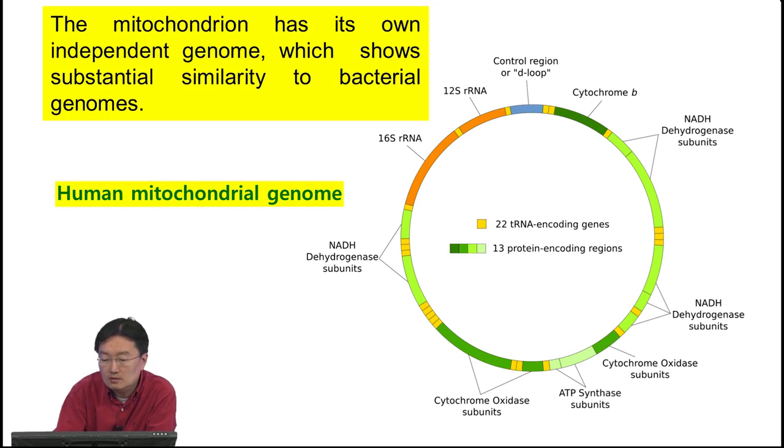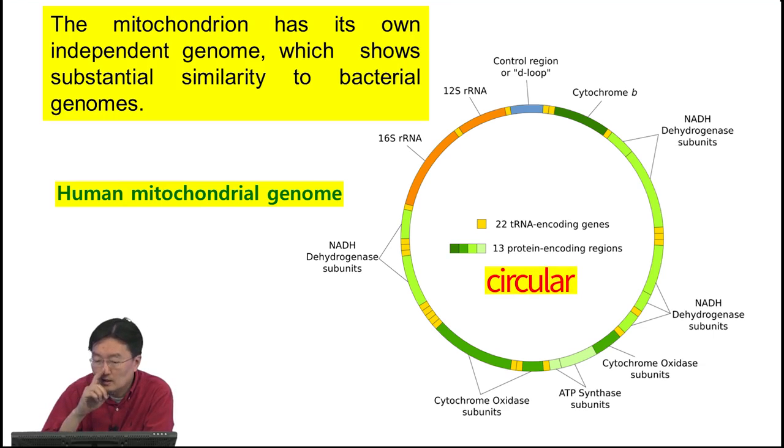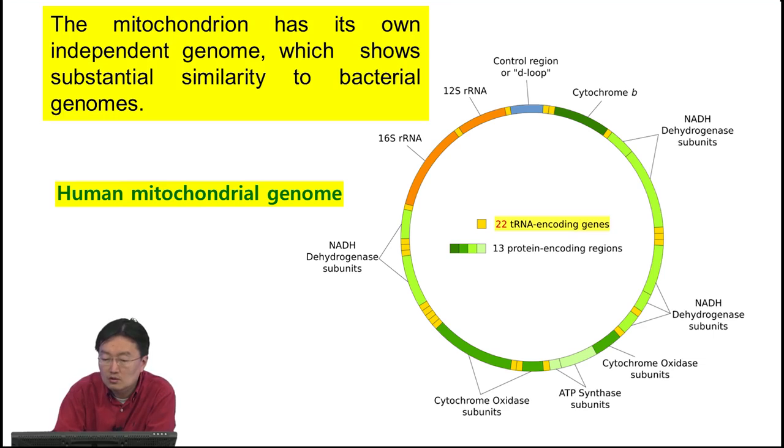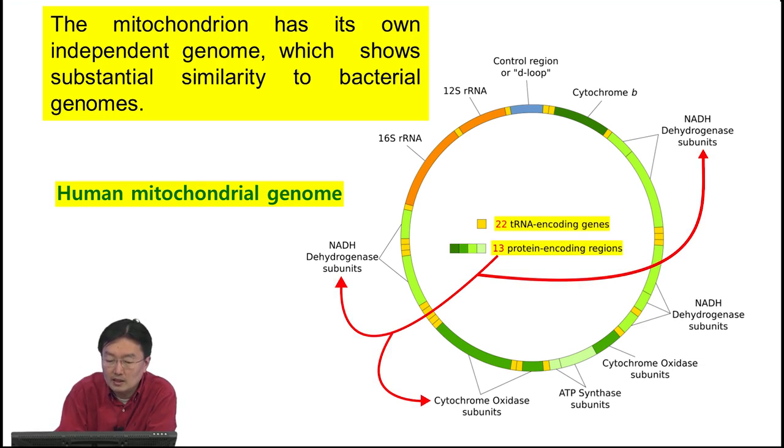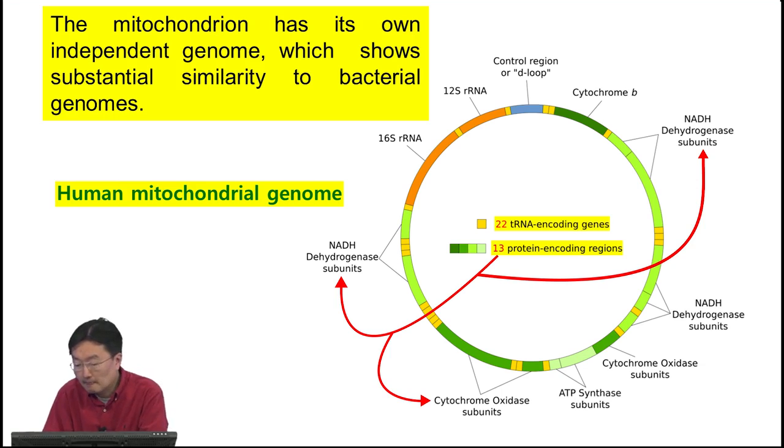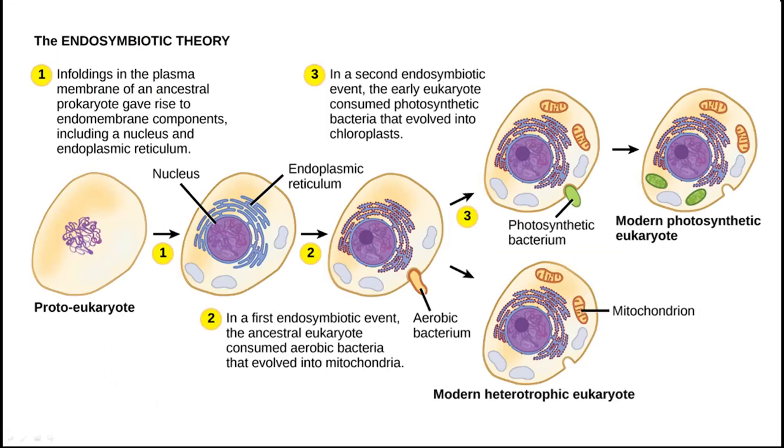This genome is circular, double-stranded DNA, and there are 22 transfer RNA genes and 13 protein encoding regions available. Those proteins are mainly used for bioenergetics, for the mitochondrial electron transport system, as well as other enzymes.